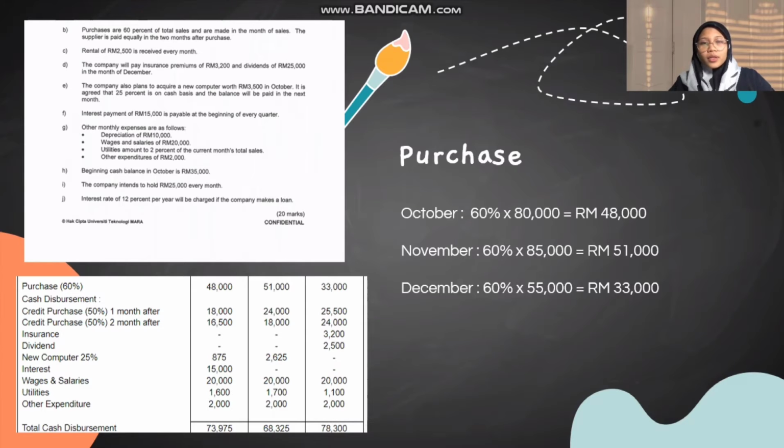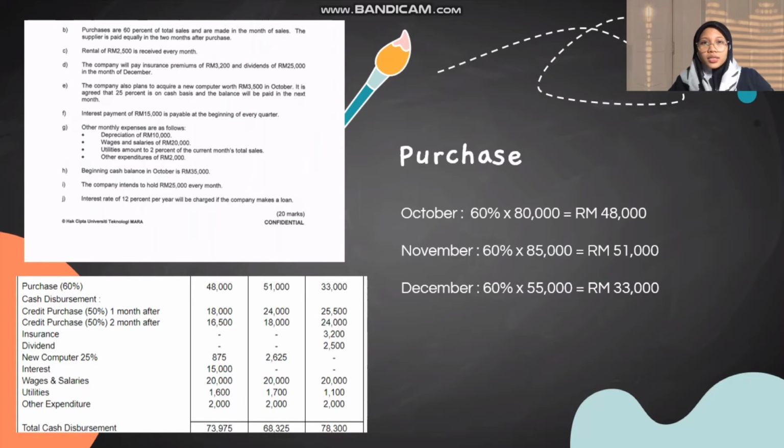For the purchases first, for October, 60% multiplied by 80,000, which is the total sales in October given in the question, so I get 48,000. For November, 60% multiplied by 85,000, the total sales of November, and I get 51,000 ringgit.